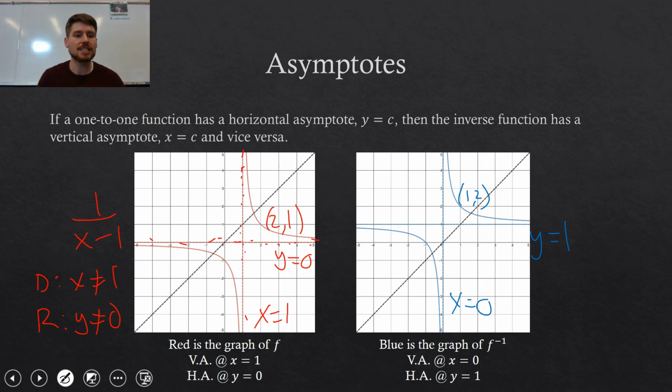You exchange the x's for y's and the y's for x's. So what was originally a horizontal asymptote of y equals became an x equals. And what was a vertical asymptote of x equals became a y equals. Okay? All right. So those asymptotes are going to flip as well as all the points. All right? Okay.